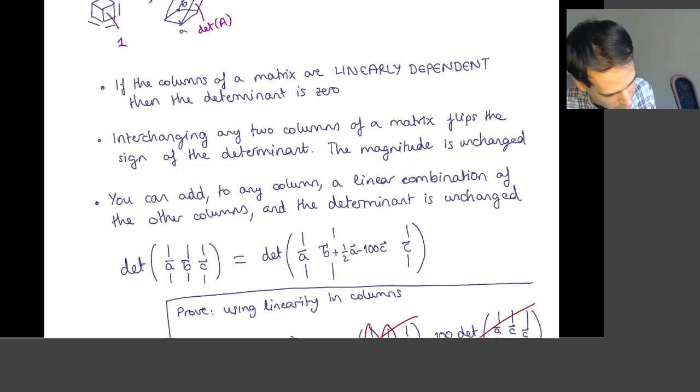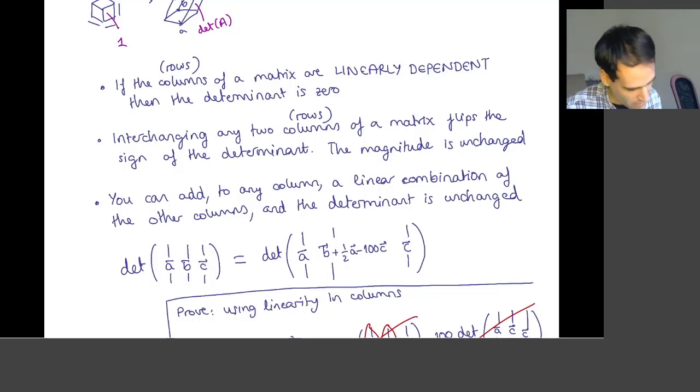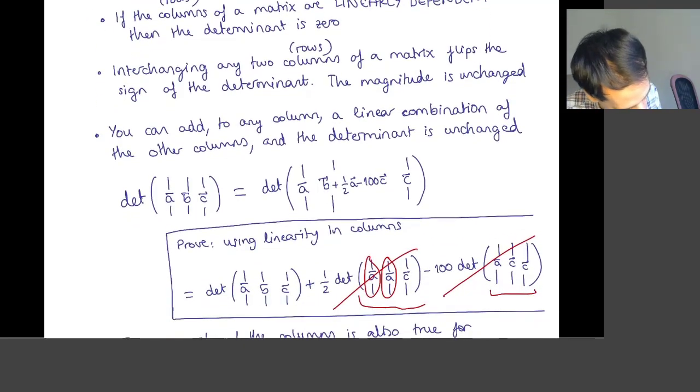If the columns are linearly dependent, the determinant is 0. This is also true for the rows. The second one, interchanging any two columns flips the sign. This can also be said about the rows. Interchanging any two rows flips the sign. And finally, you can add to any row a linear combination of the other rows, and the determinant is unchanged.